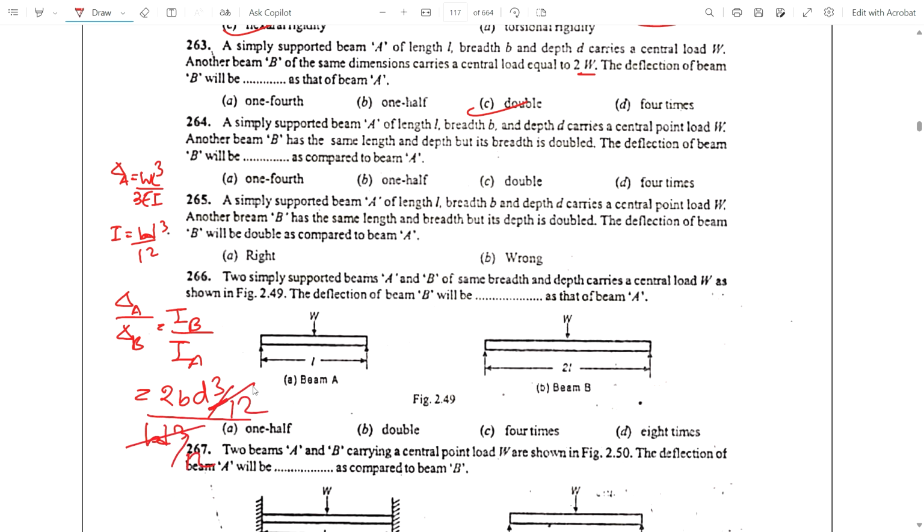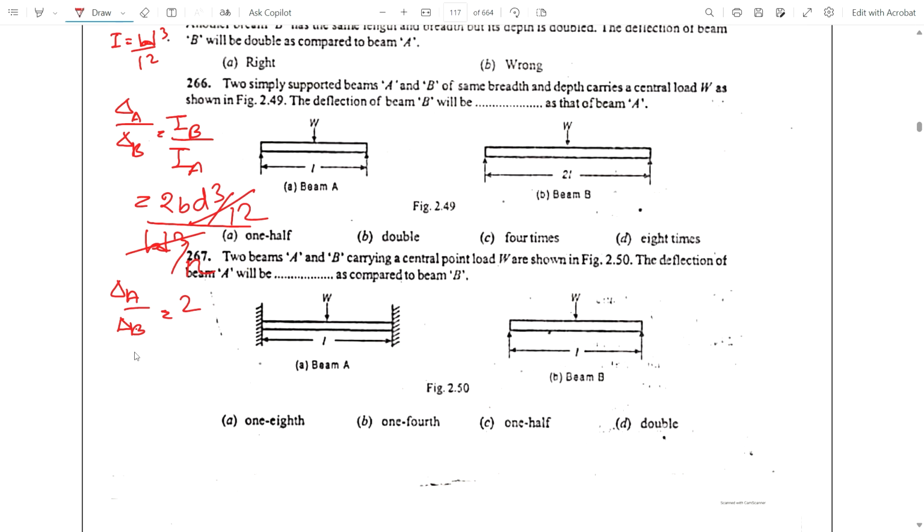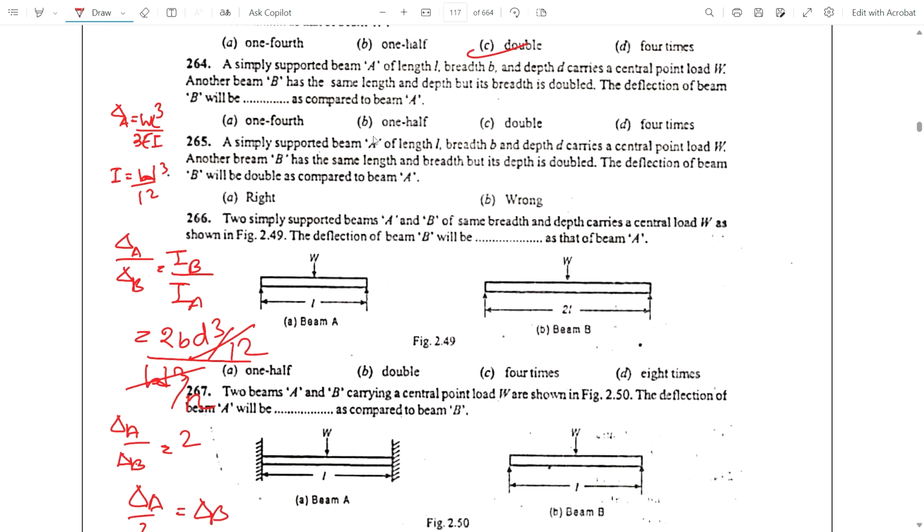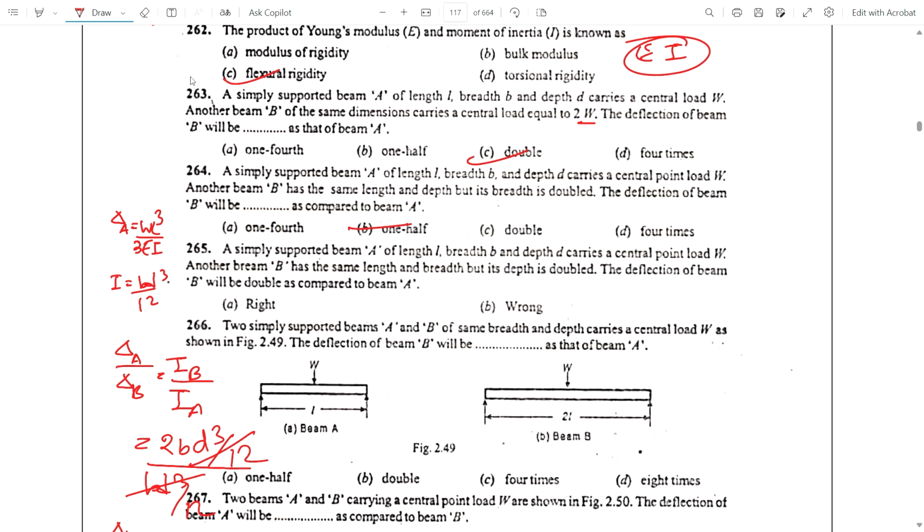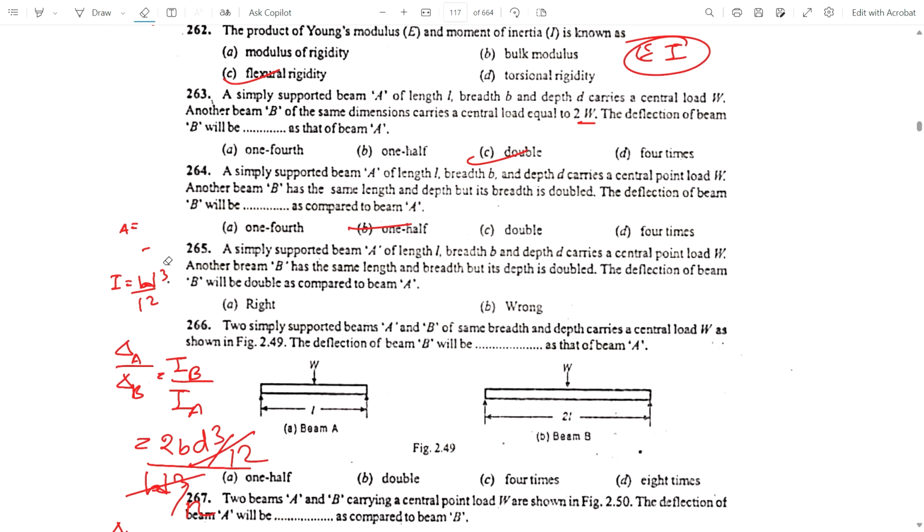They cancel and 2 remains. So delta A by delta B is 2, and delta B is half of delta A. Option B is the correct answer.